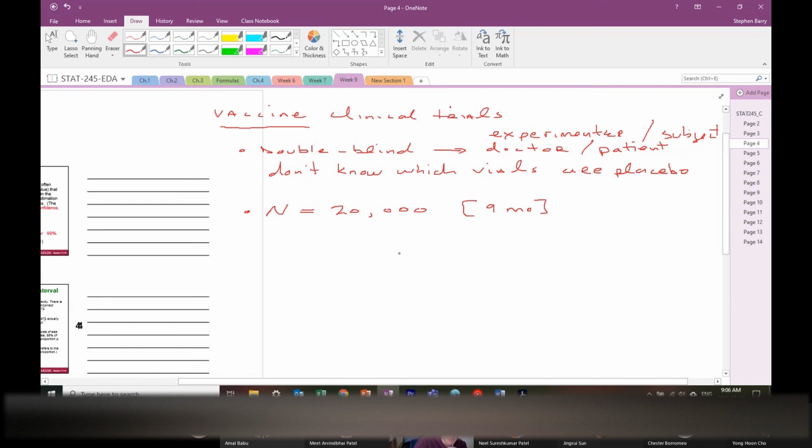That means that half of them get the placebo, and you randomly assort them, obviously. This is a random sorting. And then 10,000 get the actual vaccine.